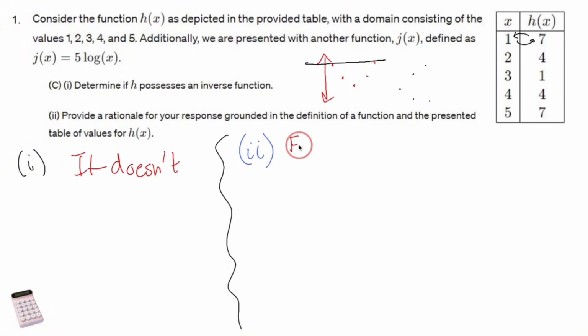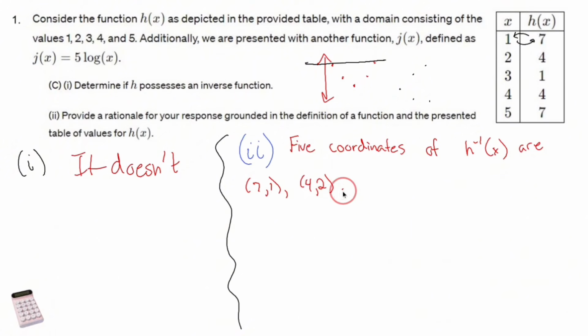I didn't like the word points last time, so I'll change it to 5 coordinates of h inverse of x are, and I'll write it out as 7, 1, 4, 2, 1, 3, 4, 4, and 7, 5.